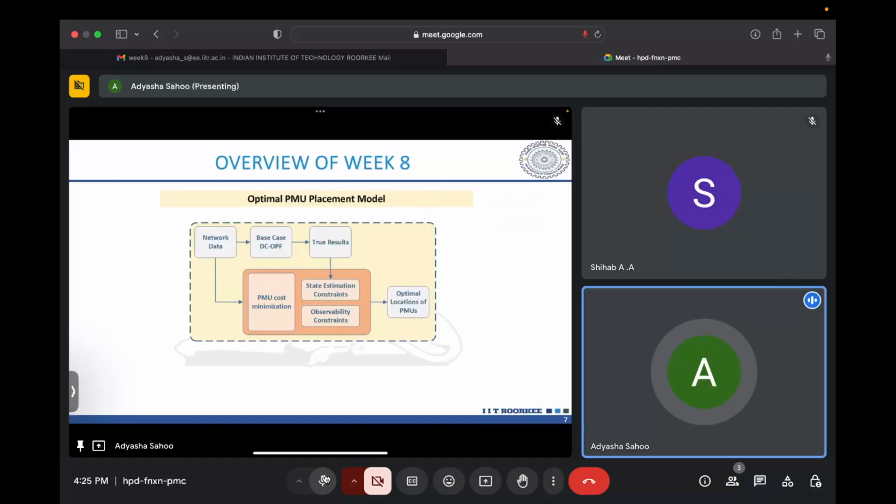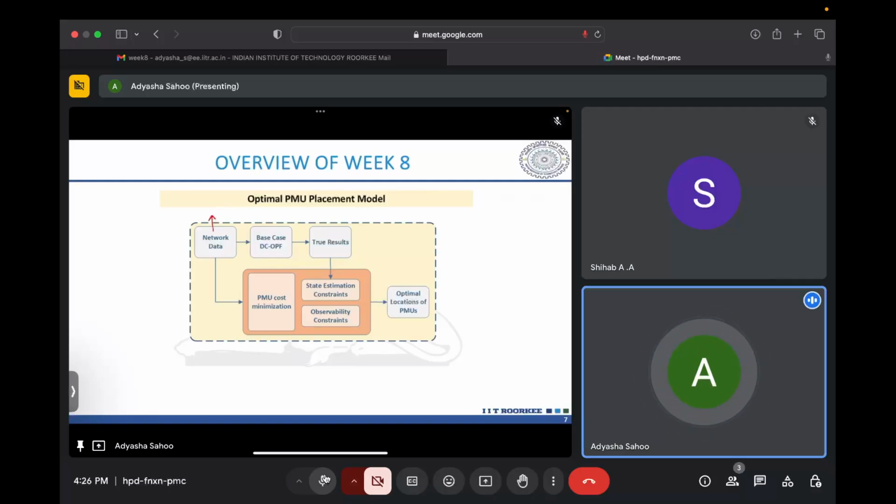First, you need the network data: the information on how many buses you have, what lines are connected between the buses, and what is the resistance of those lines. That network data you need to feed to the optimization model. And you also need to run the DC optimal power flow model and give it to the optimization model. We'll see how in the next slide.